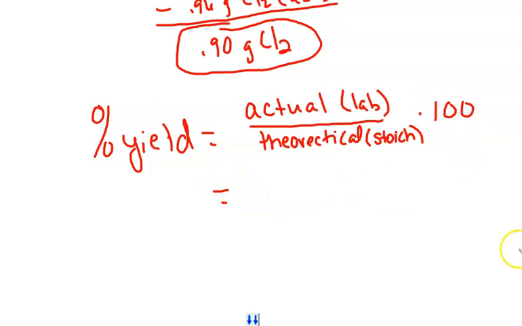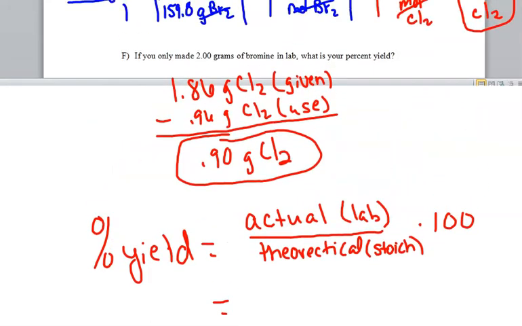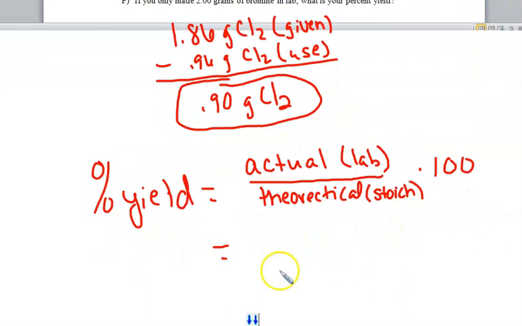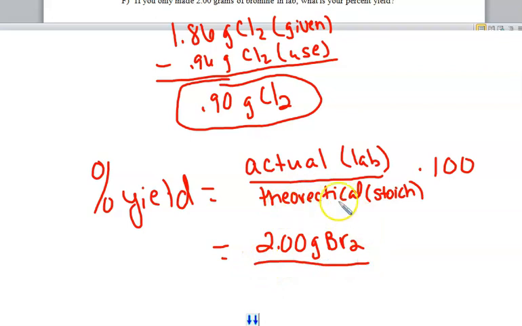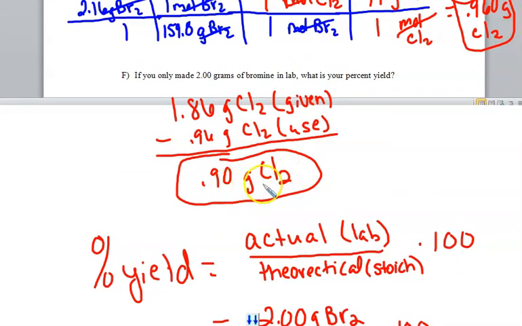So if I go back and read that problem, it says you made 2 grams of bromine in lab. So 2 grams of Br2. Notice the ending, Br2. That's how much we got made in lab. So theoretically is how much stoichiometry said. Well, if I go back and look at all my work, I got a bunch of stoichiometry going on, but I am looking for grams of Br2. This is not Br2, that's chlorine. That's chlorine, that's chlorine.